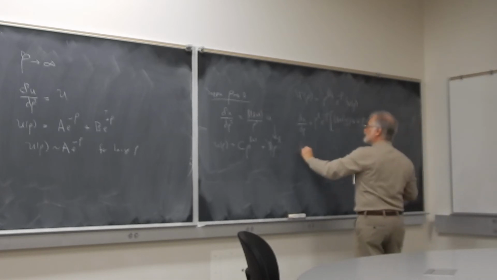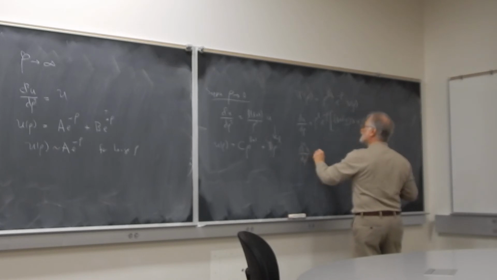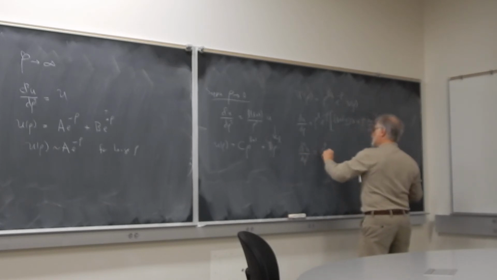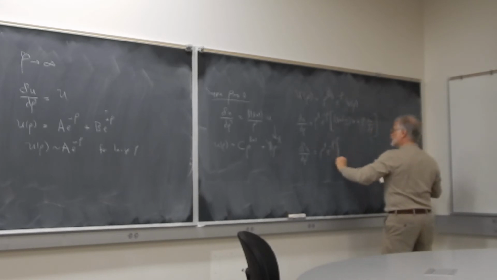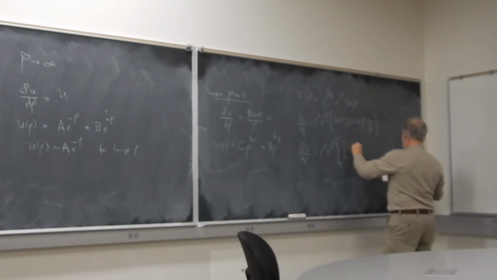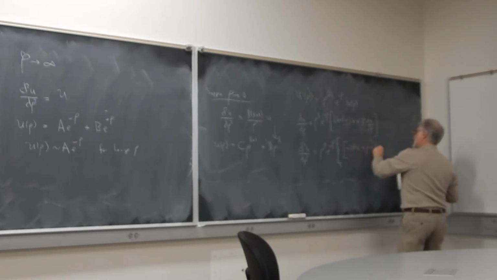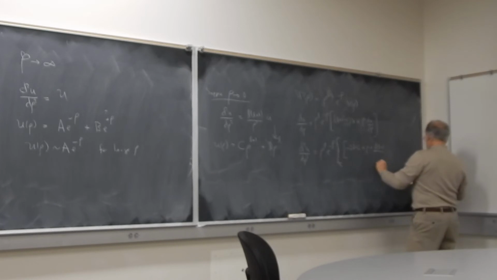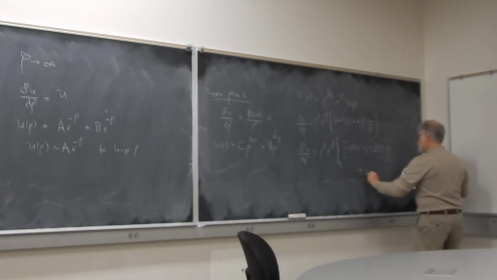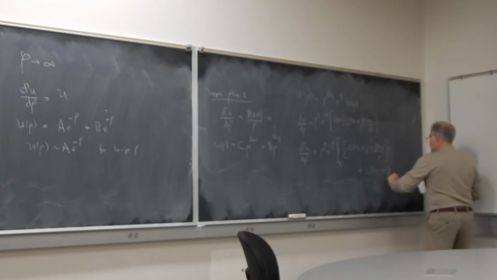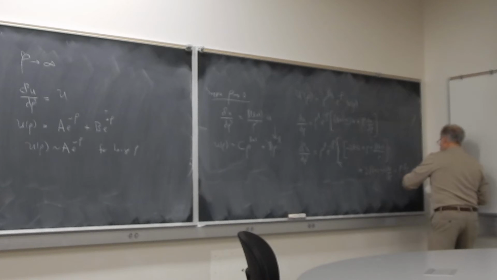I've got to take a second derivative for the Schrodinger equation, and that gives me rho to the l, e to the minus rho, times a big expression: minus 2l minus 2 plus rho plus l times (l plus 1) divided by rho, times v, plus 2 times (l plus 1 minus rho) dv d rho, plus rho times the second derivative of v with respect to rho.